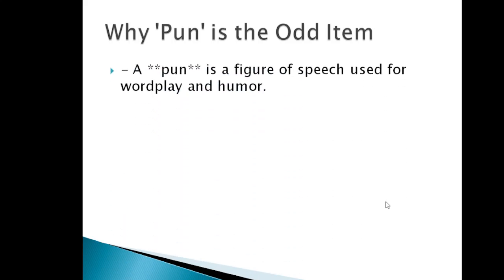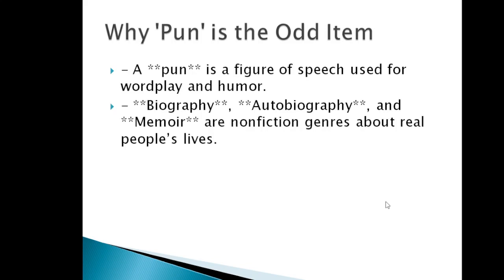Poem is a figure of speech used for wordplay and for humor. When we talk about humor, we are referring to laughter, right? So the words are being played on in order to bring about laughter.